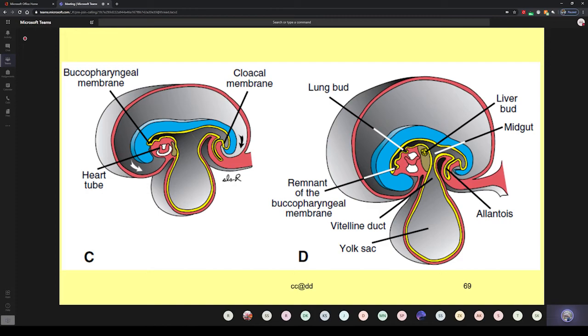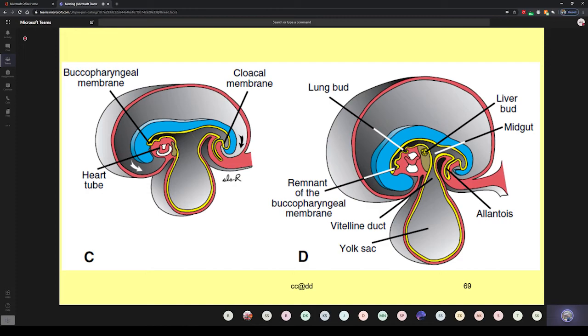Please note, head fold and tail fold are occurring in an anteroposterior axis in the median plane, and they are responsible for incorporation of the yolk sac into the embryo to form the future gut tubes, foregut, midgut, hindgut, from which the gastrointestinal tract and its derivatives, the respiratory tract and derivatives will be the adult counterparts, right?